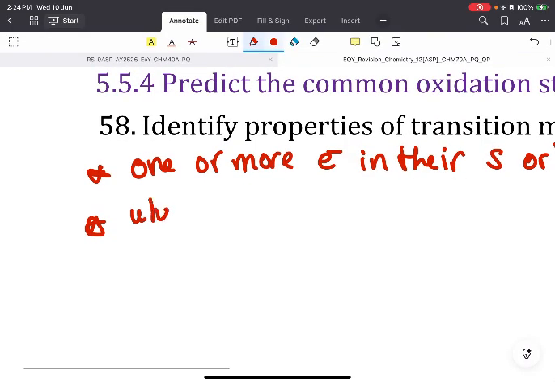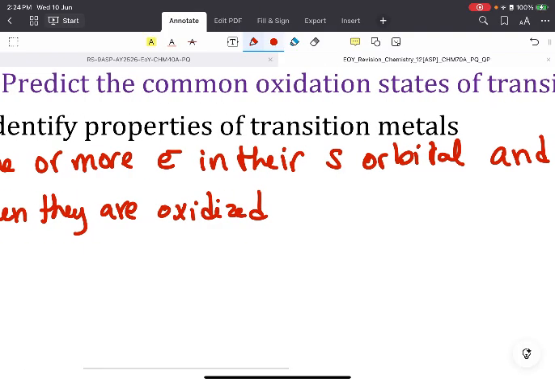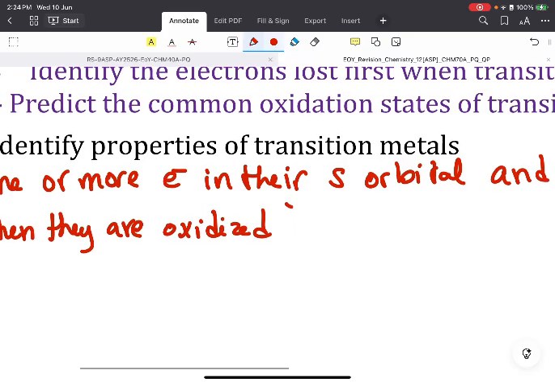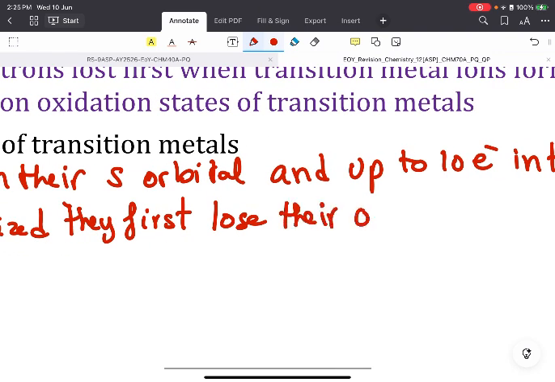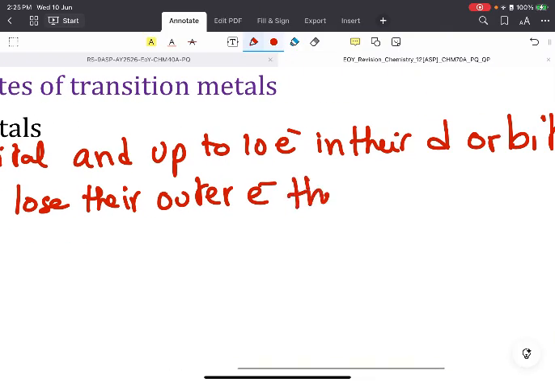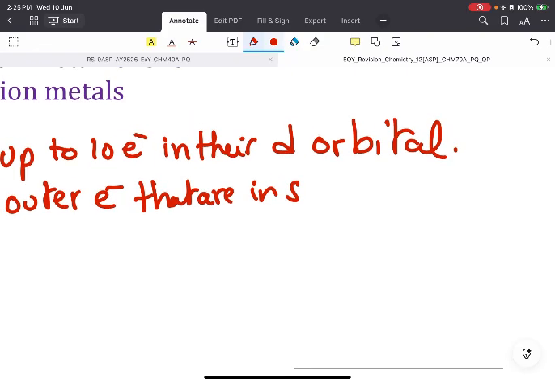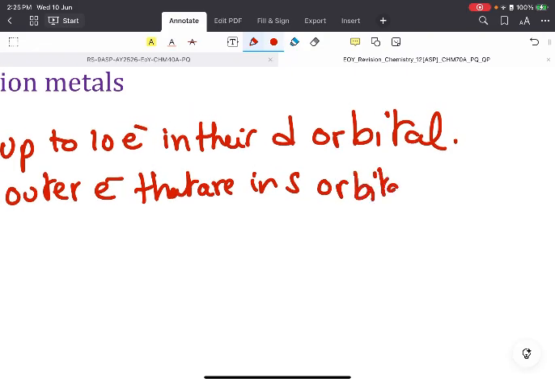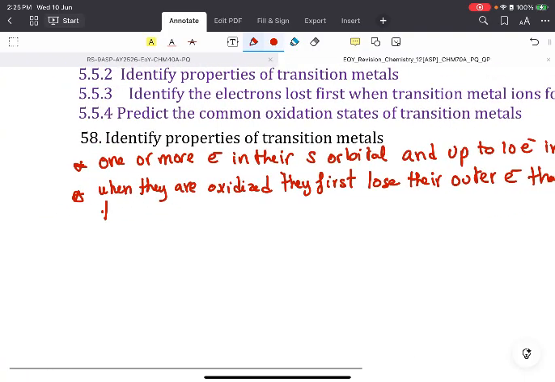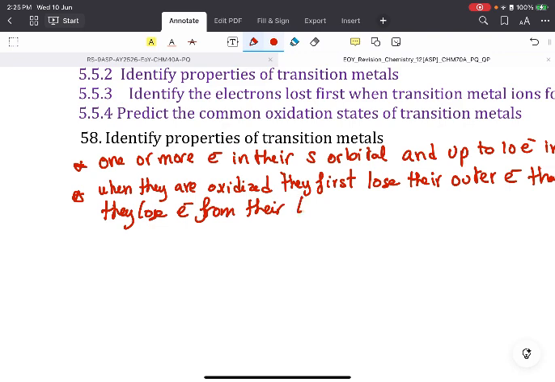When they are oxidized, they lose the electrons in their s orbital first, and then they lose electrons from their last filled d orbital.